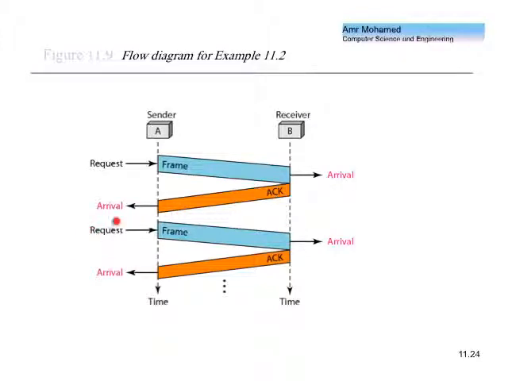So this is event-based: I always have to receive the event, process it by sending the frame, wait for the acknowledgement, and so on. On the receiver side, I simply wait for the arrival of data, send it above, and then send the acknowledgement back.